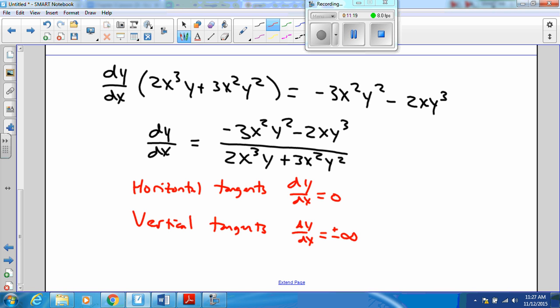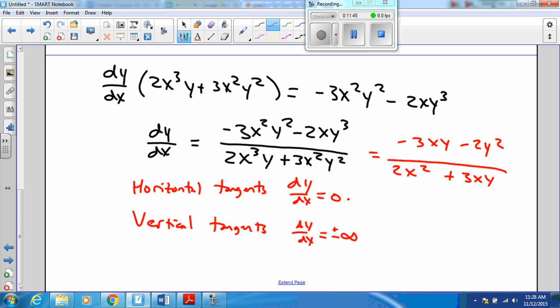You could do x, y. That's right. So I could factor out an x, y, and when I do, I lose a factor of x and a factor of y in each term there, divided by the same in the denominator. And now that's a little bit nicer.